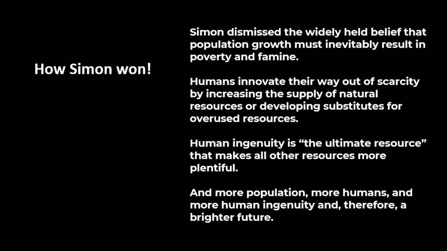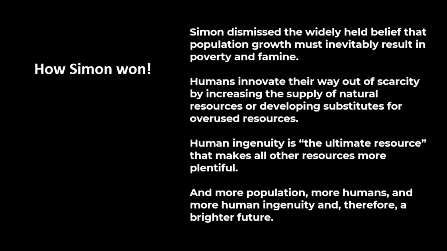All these ideas of how to get food to all the people have happened through the marketplace, and everybody has more food now than they did before. Humans innovate their way out of scarcity by either increasing the supply, making a substitute for that thing, or finding ways to innovate around the barrier.